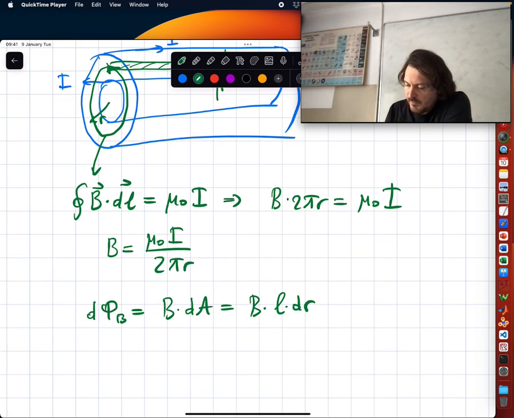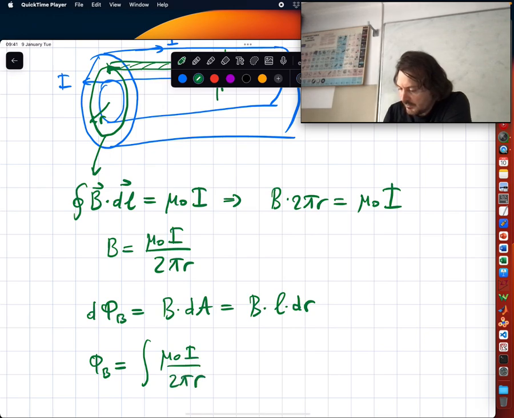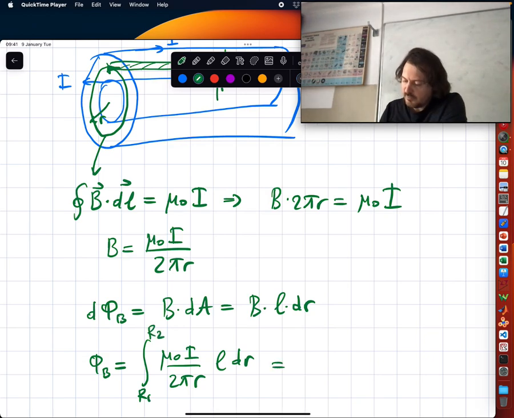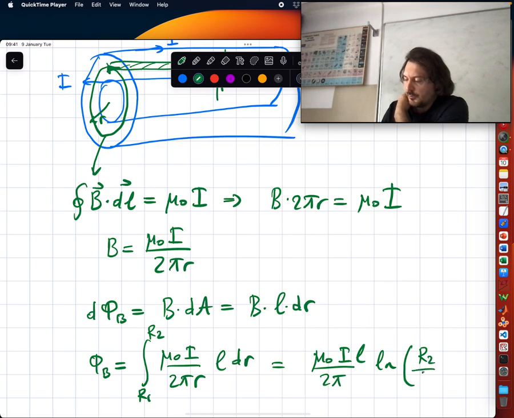So you get the whole phi to be the integral of mu 0 I over 2 pi r times L dr. Same integral, do you see? So you get mu 0 I over 2 pi, and there's L here, times ln R2 over R1.